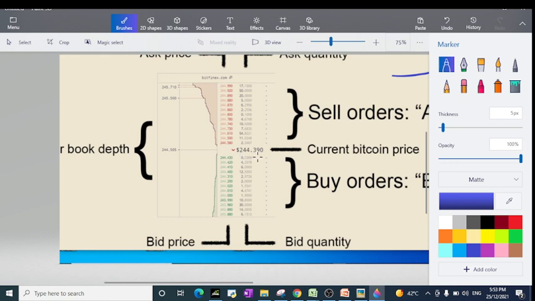So if this guy has 100 lots to buy, he doesn't have to do anything to fill this order.